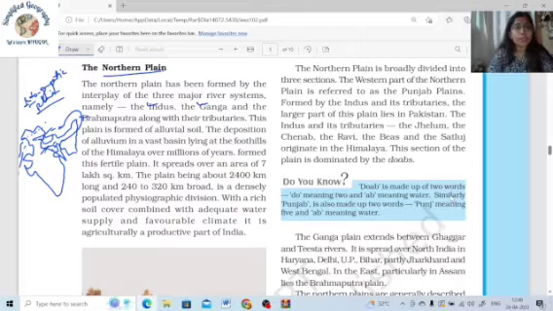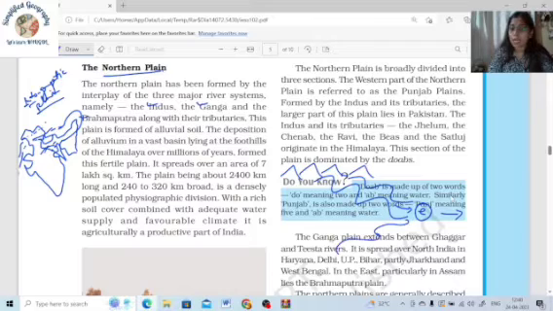What is the Northern Plain? When the rivers are coming from the mountains, they are coming down slope, and while coming down slope, they cut, erode and move forward, and they make various landforms while moving forward. How? First they erode, then move forward, and the eroded or cut materials are deposited by the river from time to time and place to place.